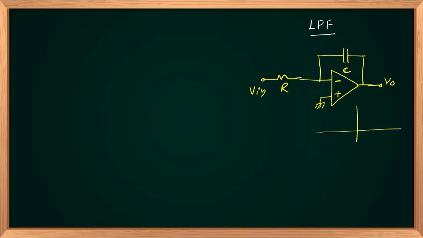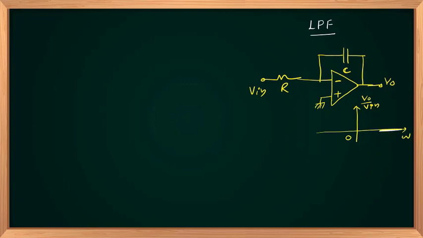Why is it called a low pass filter? Because as omega tends to infinity, your V out by V in, or the transfer function, goes to 0.